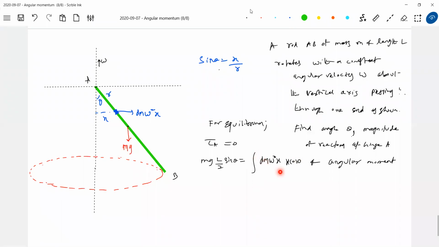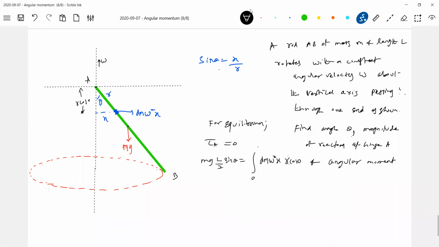Then x you can write as r sin theta. I think this distance should be r cos theta. Let me put all the things in.